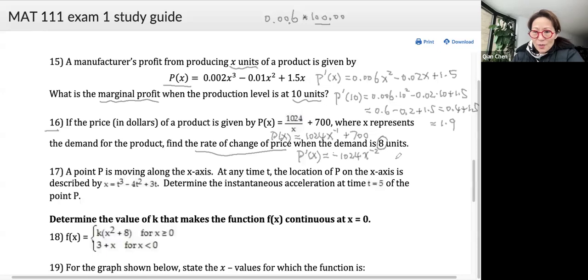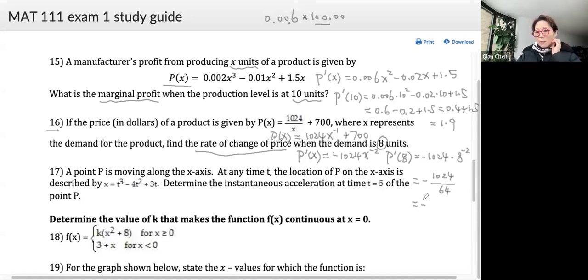Then we're given 8 units. So we need to plug in 8. So that's negative 1024 times 8 raised to -2. Again, that's negative 1024 divided by 8 squared, where 8 squared is 64.